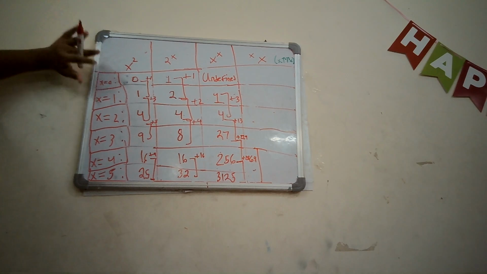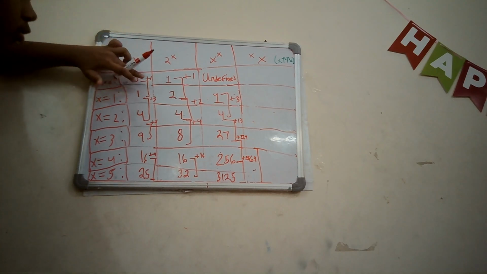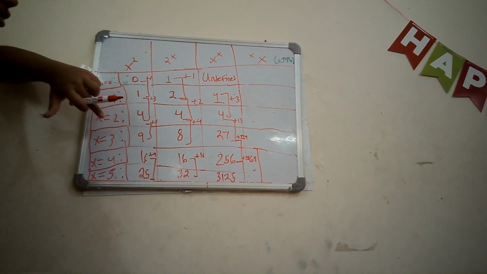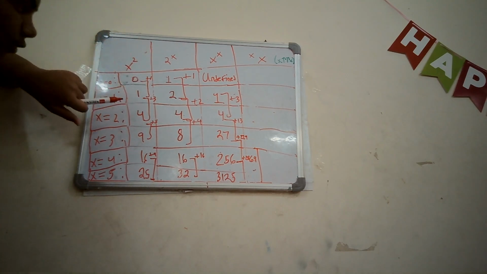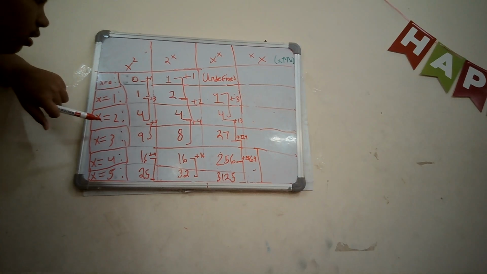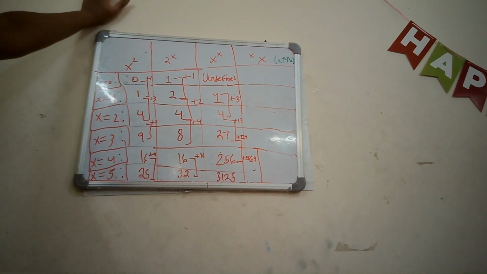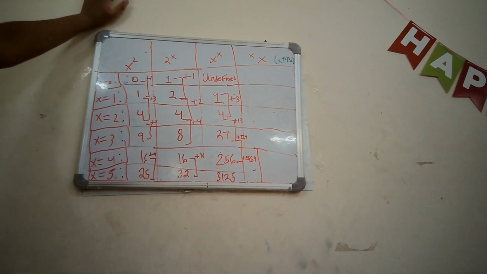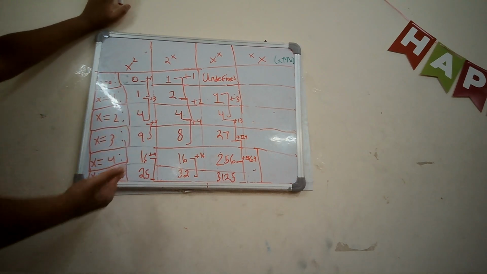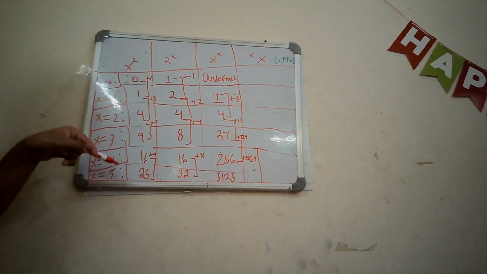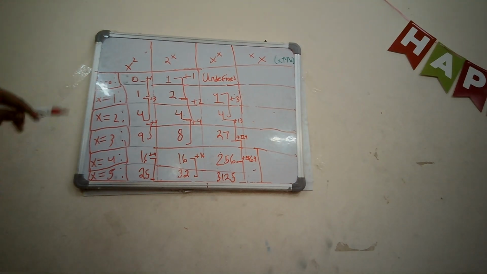Now if we analyze x squared: from 1 to 4, we're adding 3, and from 4 to 9, we're adding 5. From 9 to 16, we're adding 7. Get it?